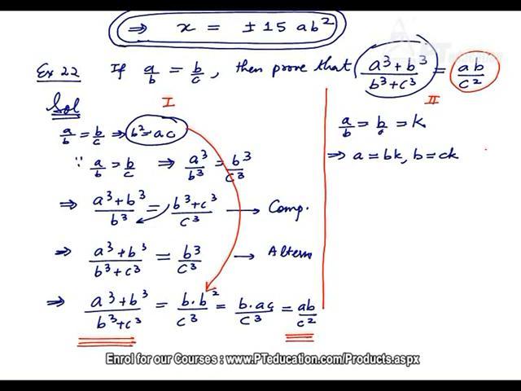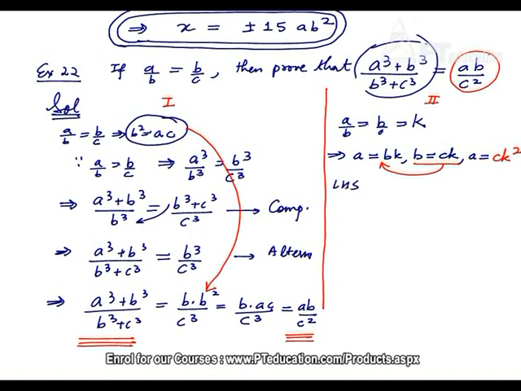So that means a will be, substituting the value of b here, ck into k, which will be ck square. And so you get a is equal to bk, which is ck square, and b is equal to ck. Now let us solve it further.